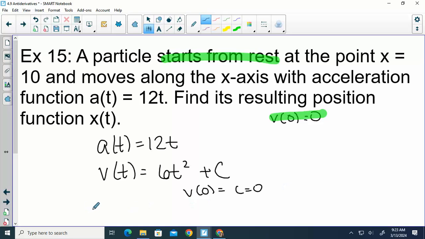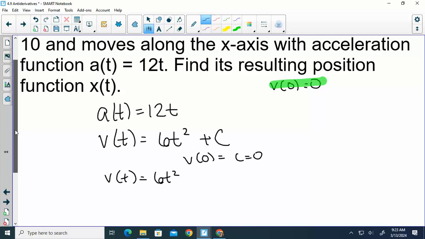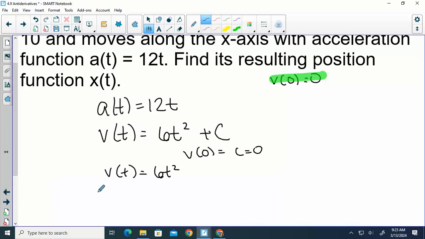So our actual velocity function is just 6t squared. But I want position, so how do we get position? The antiderivative of 6t squared plus a constant.